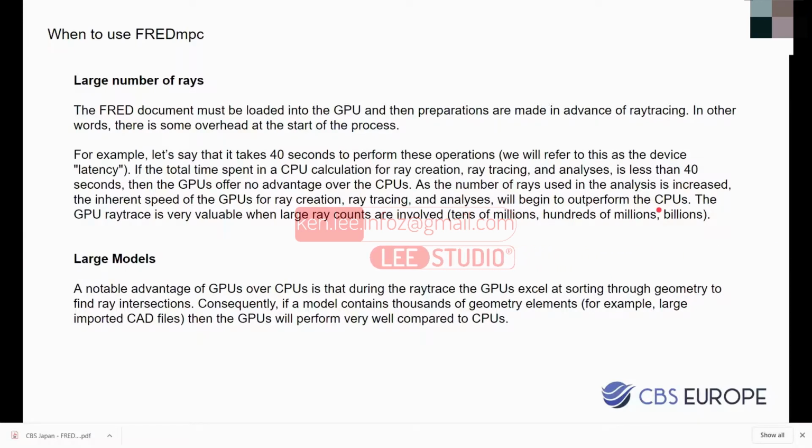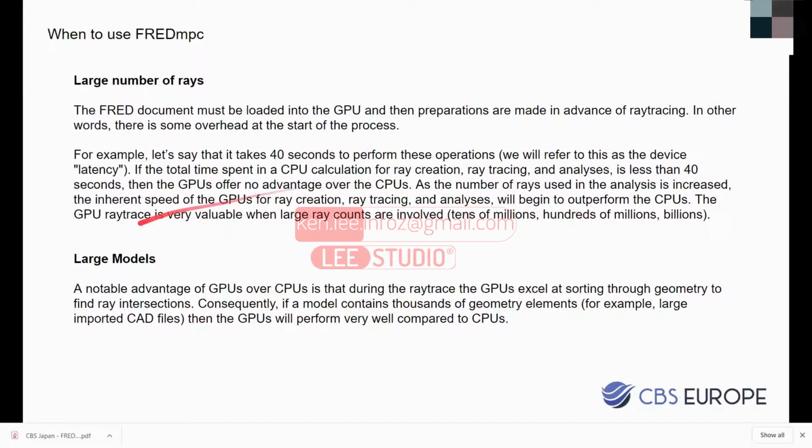The rule of thumb that I go by is if you're often tracing tens of millions of rays or waiting an hour, 2 hours, 12 hours, 24 hours, something like that, then FREDmpc can be very valuable for you. If you're just doing ray traces that take 1 or 2 minutes, there's no benefit that you'll see.